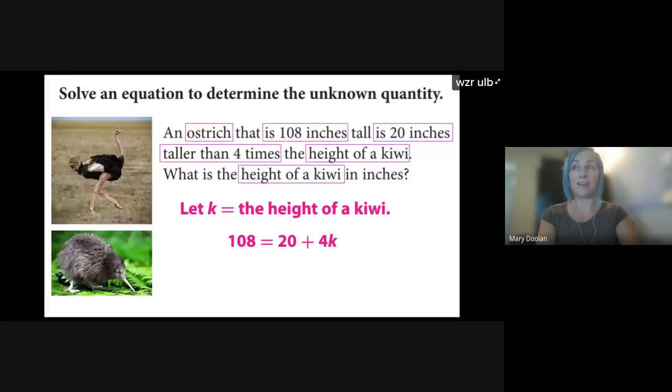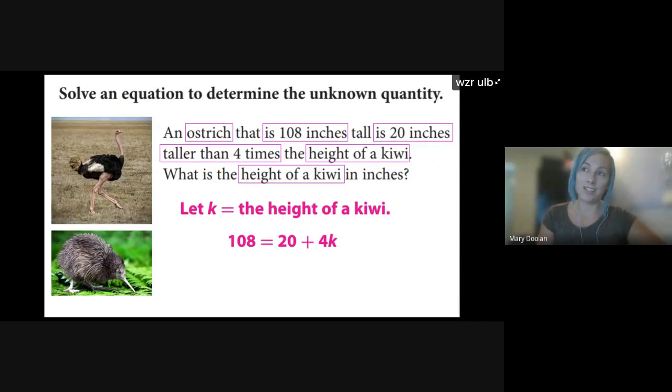What is the height of a kiwi in inches? So when we talk about kiwi, we're talking about the bird that you see there, not the fruit. It's a kiwi bird.